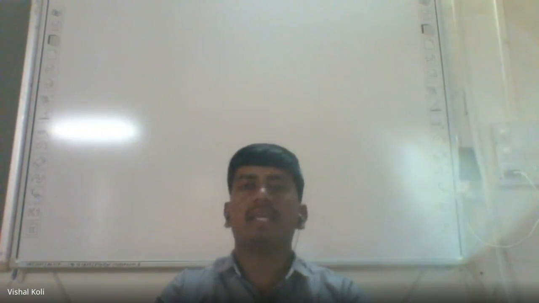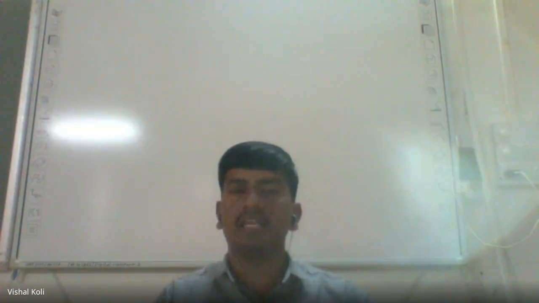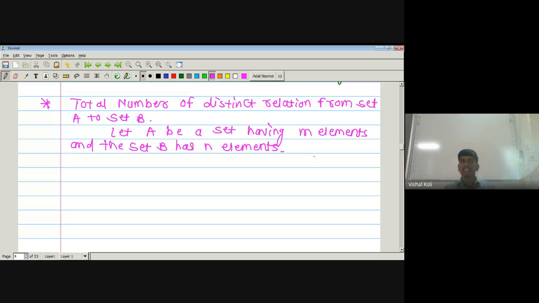In the Cartesian product of two sets, we have seen if set A has m elements and the set B has n elements, then the product set A cross B has m into n elements. As here we have the set A has m elements and the set B has n elements, then the product set A cross B has m into n elements.